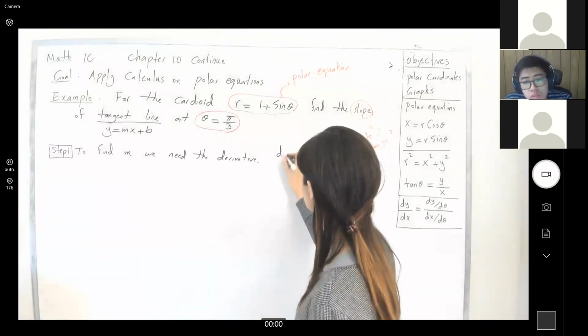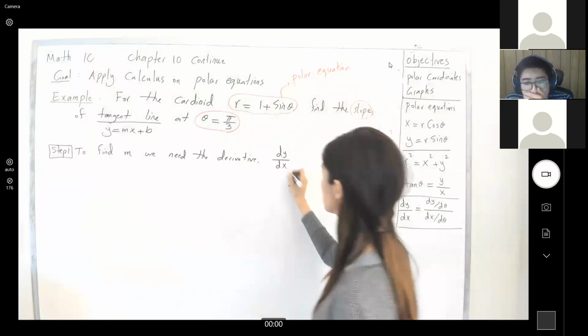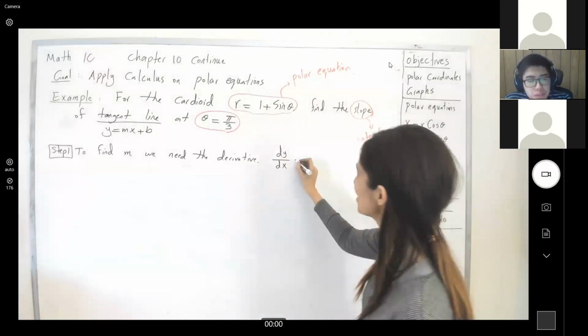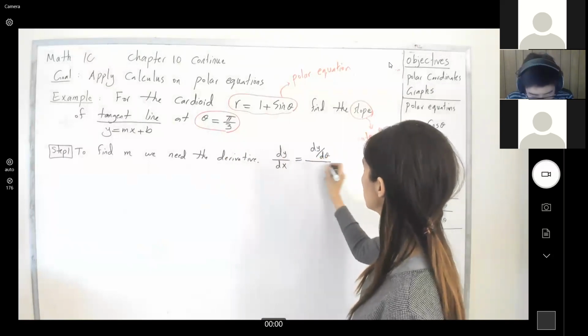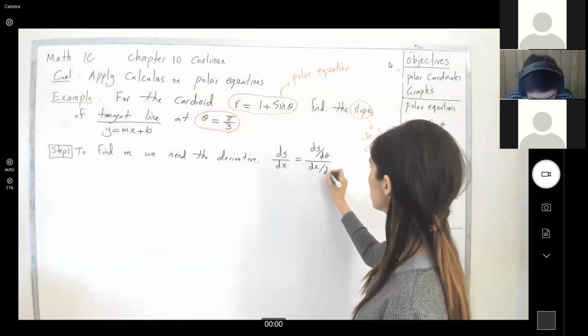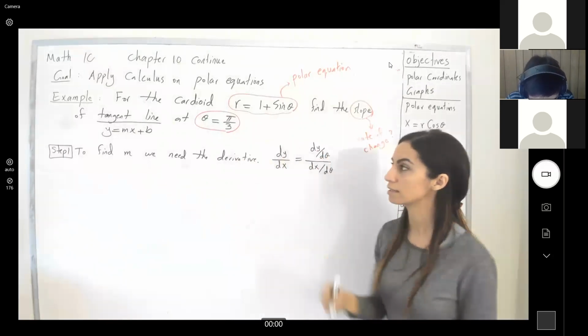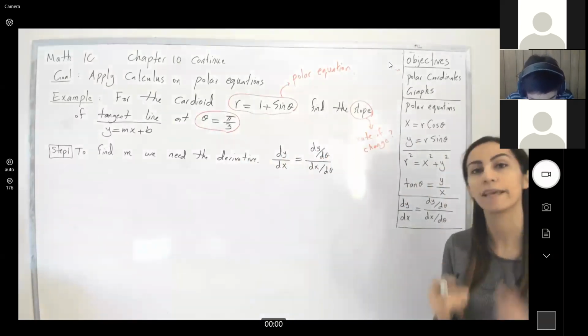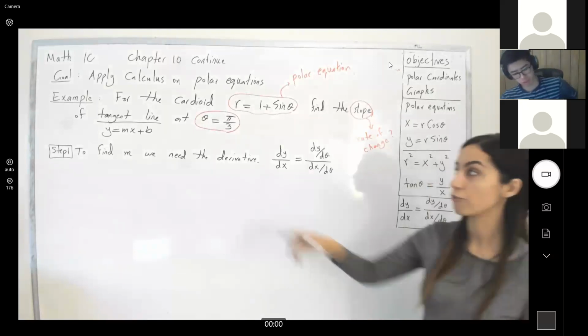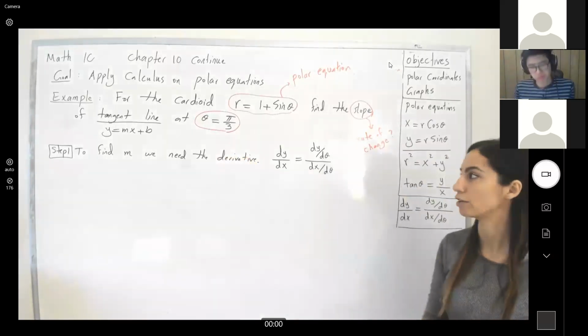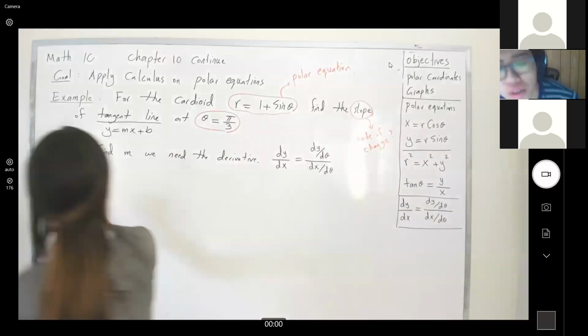This derivative, dy over dx. So specify the formula that you're going to use, which is dy over d theta divided by dx over d theta. Note that it says tangent line at theta, so you are finding the rate of change with respect to the angle theta. Step 2.